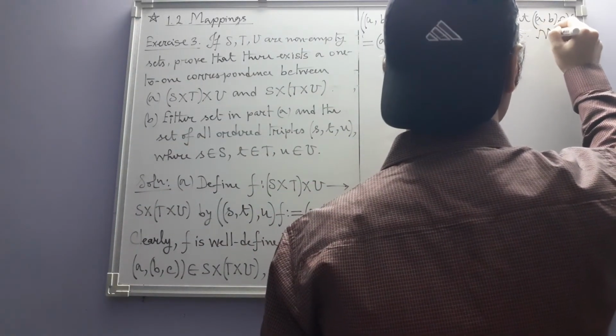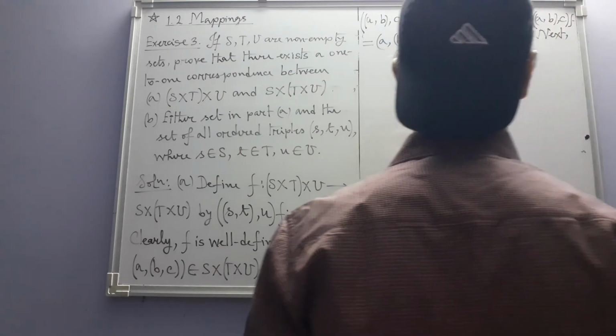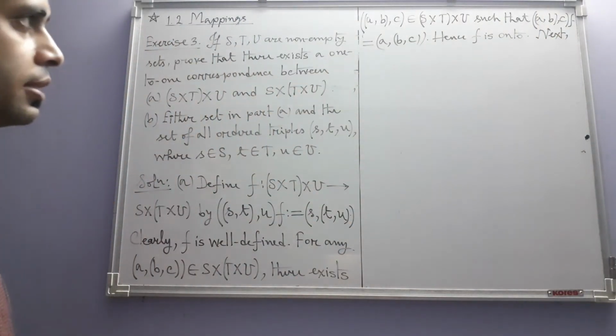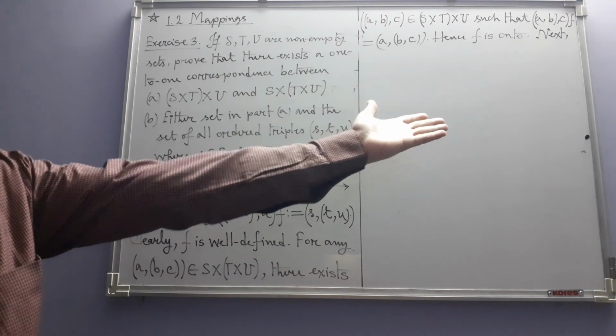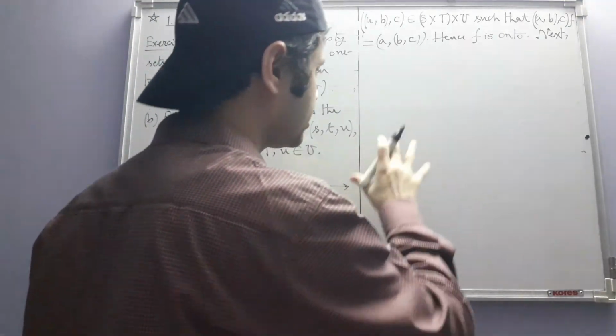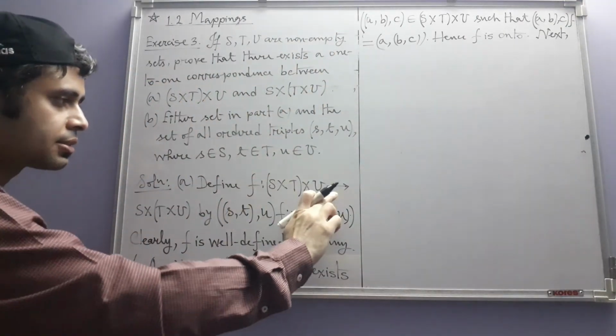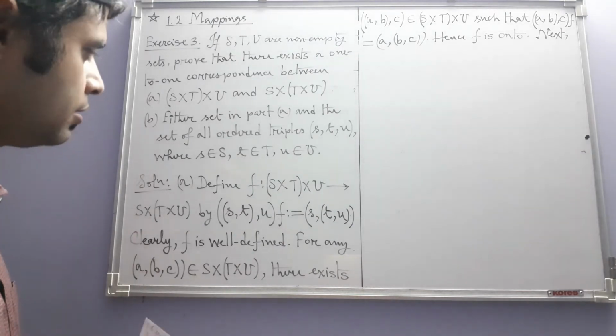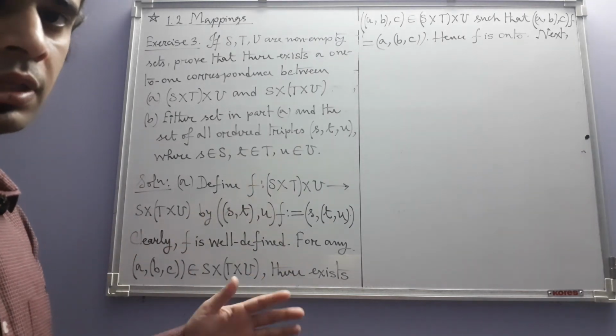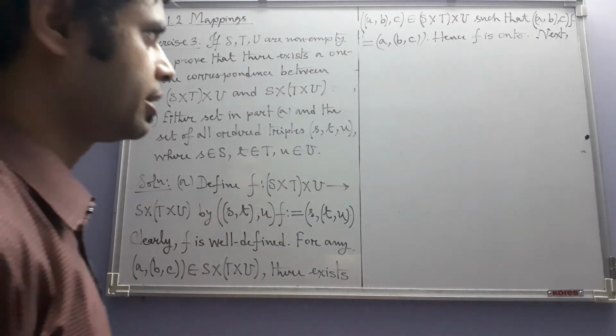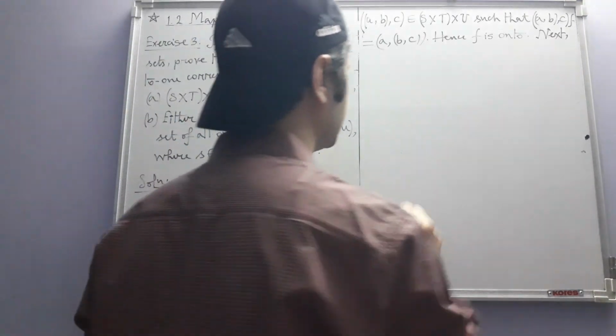Next, the structure of the solution is just like the previous one. We will take two elements in the first set, assume that their F images are equal, and show that the elements themselves are equal. That will prove that F is 1 to 1.